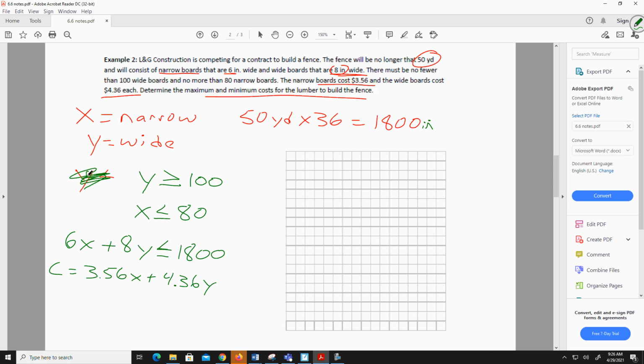And again, I'll have no negative values, so I just have to draw the first quadrant. Like so.